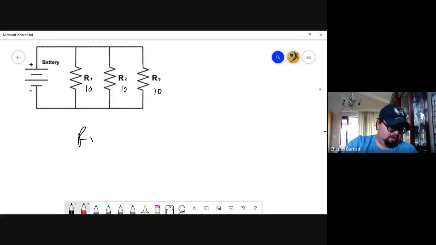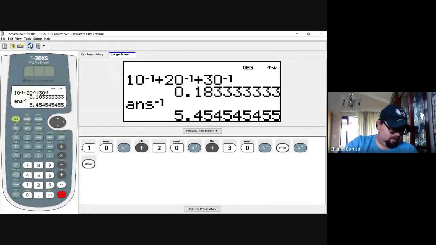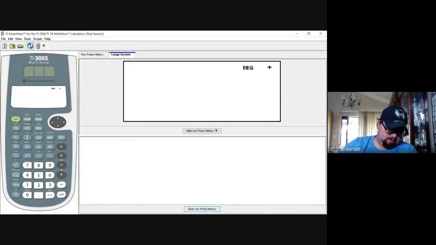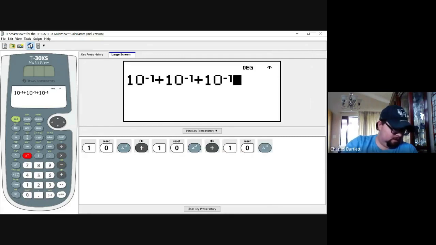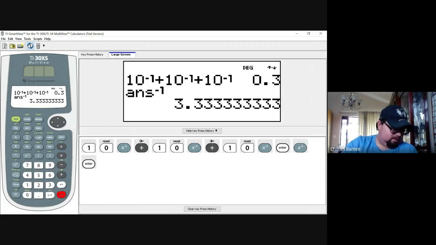What would be our RT? Well, we could do it on the calculator. Let's get everything cleared. That would be 10. Hit the -1 button, 10, -1 button, plus 10, -1 button, and hit enter. And we get 0.3, but that's not our actual answer. Our actual answer is 3 1/3.